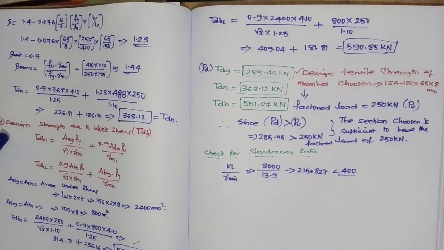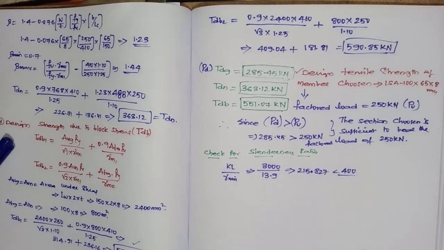Can you remember? A member always under tension has 400, a member in a roof truss whose reversal of stresses occurs due to wind and seismic loads has 350, and a member in which reversal of stresses happens not because of wind and earthquake loads has a maximum slenderness ratio value of 180.